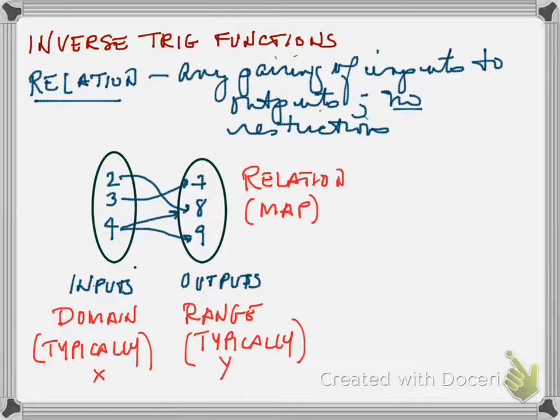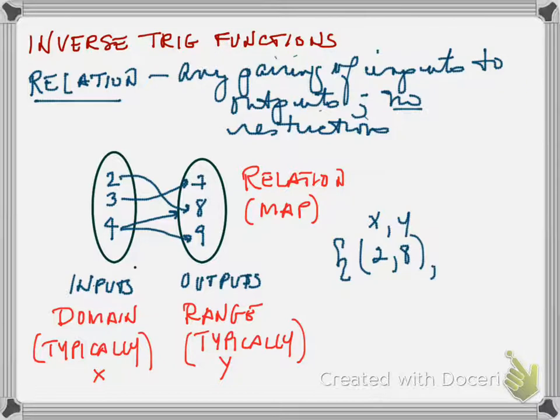One other way to represent this relation, instead of the two circles here that I have with arrows going in between, could be a set of ordered pairs. So over here I'm going to draw the same relation, but it's just going to be represented by ordered pairs instead of the circles. So we have an input of 2 mapping to an output of 8. So we create the ordered pair 2, 8. And again, here you can clearly see the relationship between x and y.